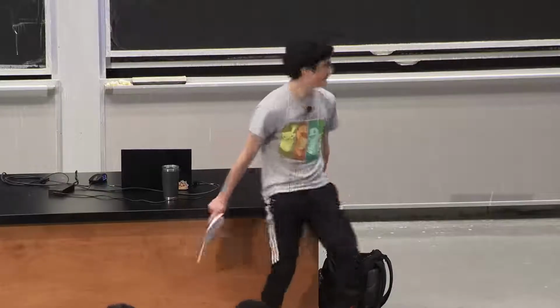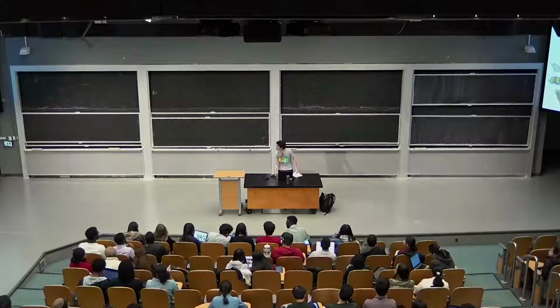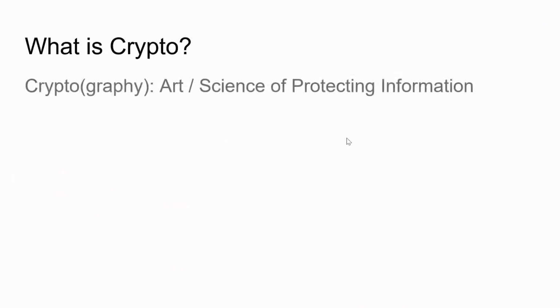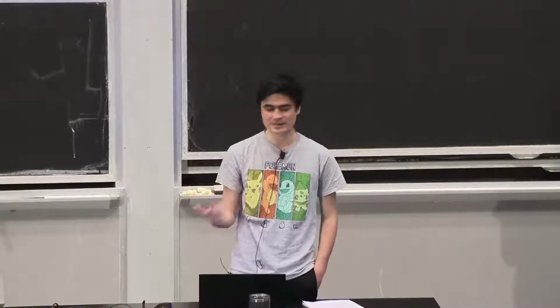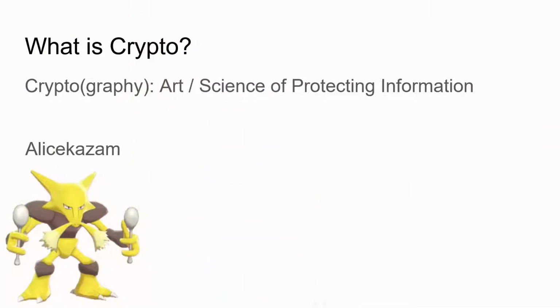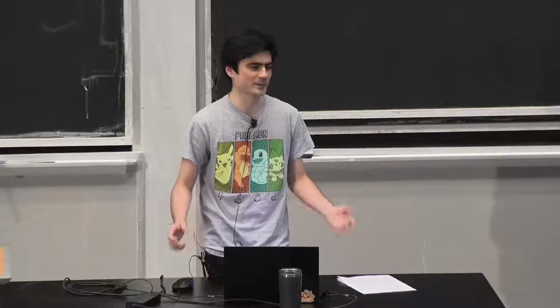Okay, so let's take a look at what we mean. The art or science of protecting information. Our setup, the convention, is that we're going to have two parties, Alazkazam and Bulbasaur. They're going to be trying to communicate over this communication channel, which may or may not be secure.